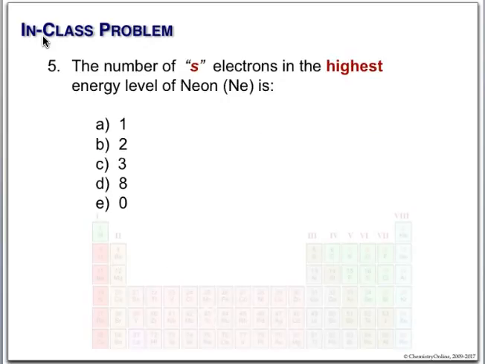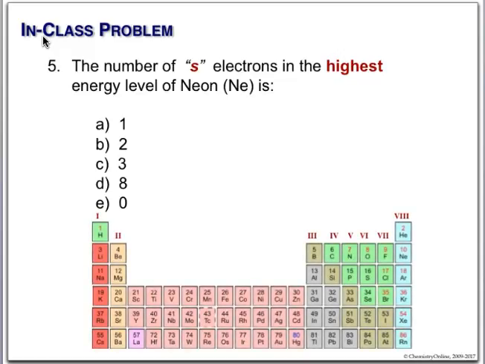Highest energy level. Now we're talking the energy level where the atom exists, the period where it exists. So neon. Neon is here in the second period. So we're going to ignore the first, only dealing with the second.